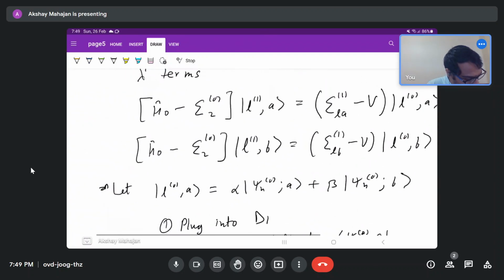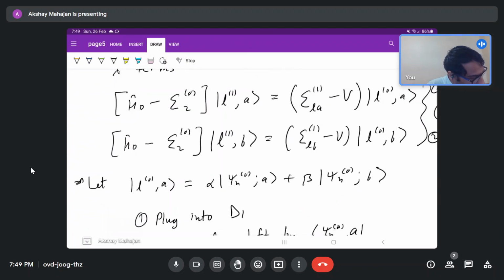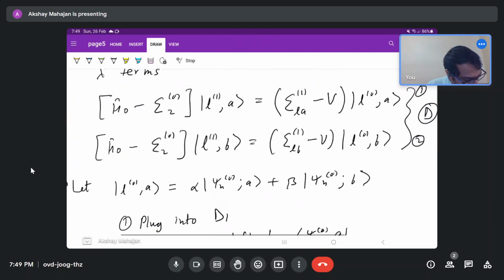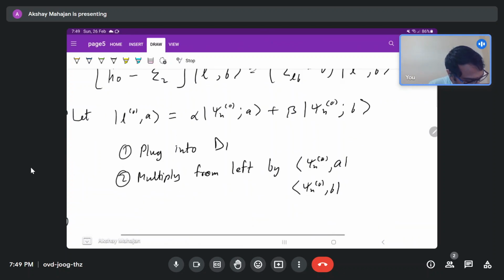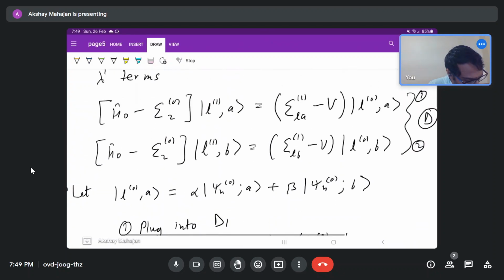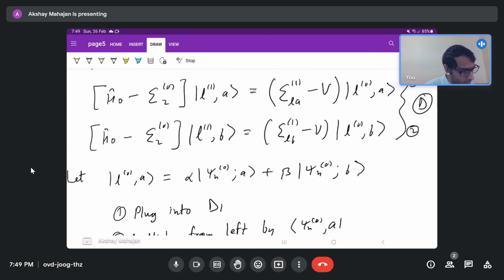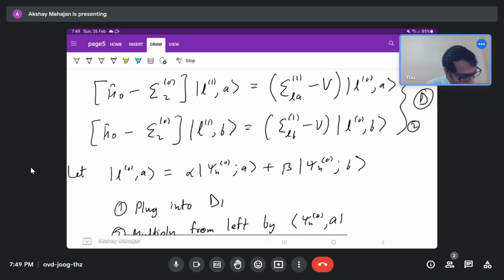Let us plug it into D1. We have to do it for D1, and for D2 it will be the same thing.